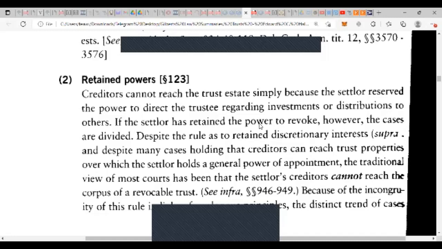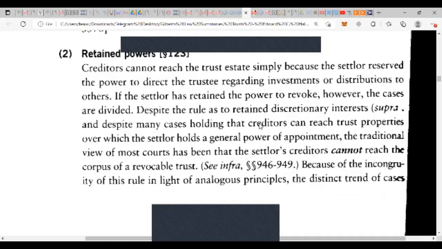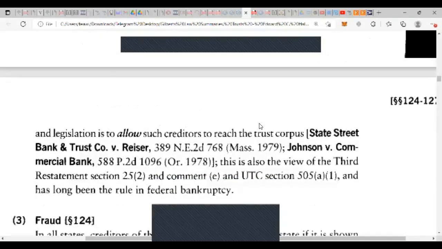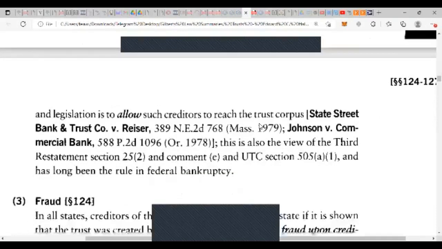Despite the rule as to retained discretionary interests, and despite many cases holding the creditors can reach trust property over which the settlor holds a general power of appointment, the traditional view of most courts has been that the settlor's creditors cannot reach the corpus of a revocable trust because of the incongruity of this rule in light of analogous principles. The distinct trend of cases and legislation is to allow such creditors to reach the trust corpus.